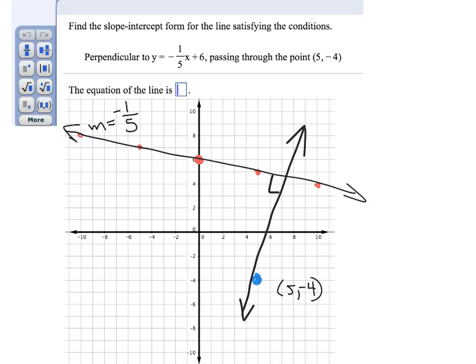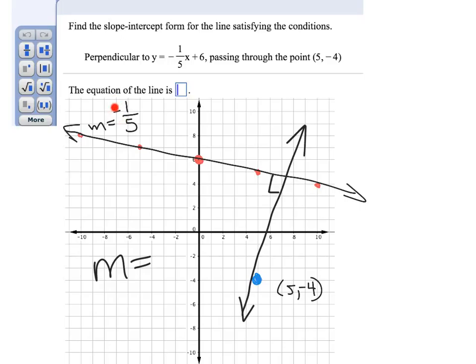Now, here's the cool thing that we know about this line: if this line is negative 1/5, that means this slope is going to be the opposite of the reciprocal.